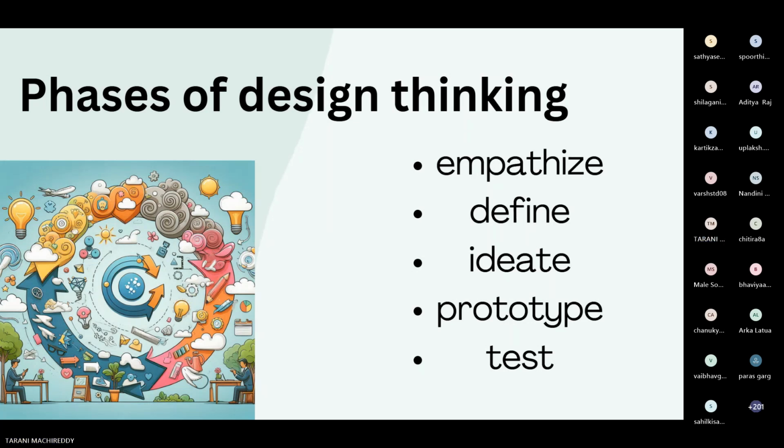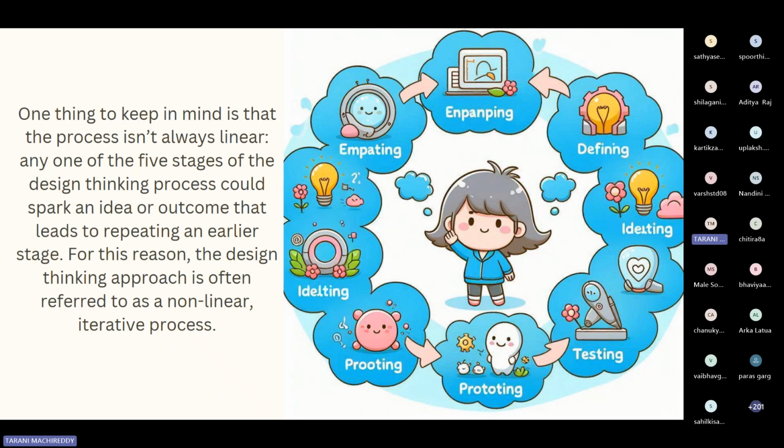One thing to keep in mind is that this process is not always linear. As I wrote, empathize is first, define is second. You may think the first phase of design thinking is empathize and then define, then ideate, like that. But it's not.